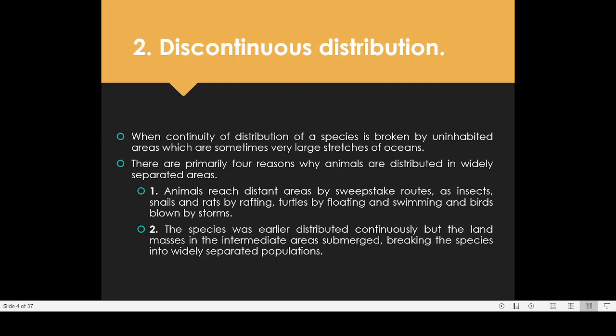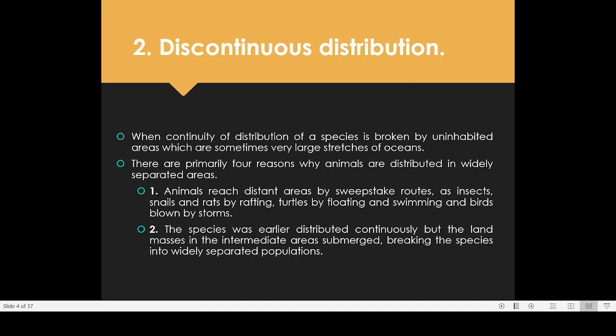Another explanation given by the zoogeographists is that these animals reached there either by using a natural raft, or by swimming ability. So that's how these animals reached different parts. So right now in the case of discontinuous distribution, they are not present in all the parts of the world. There is an animal called peripatus.